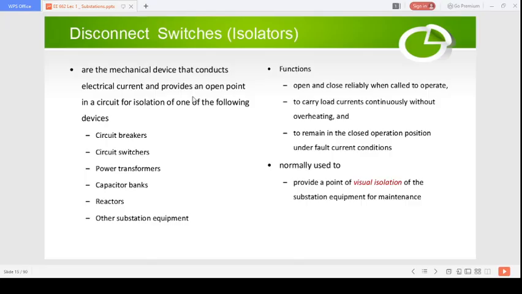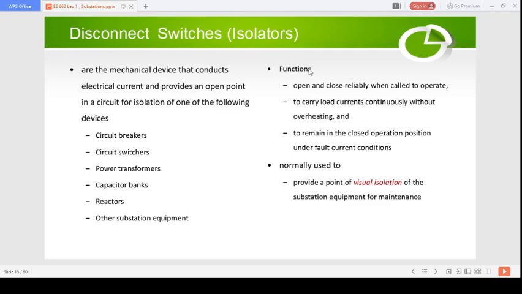These disconnect devices are used to isolate other devices, for example circuit breakers, circuit switches, power transformers, capacitor banks, reactors, and other substation equipment. To isolate this equipment for maintenance, or in a fault situation to clear the fault, the substation uses these disconnect switches.